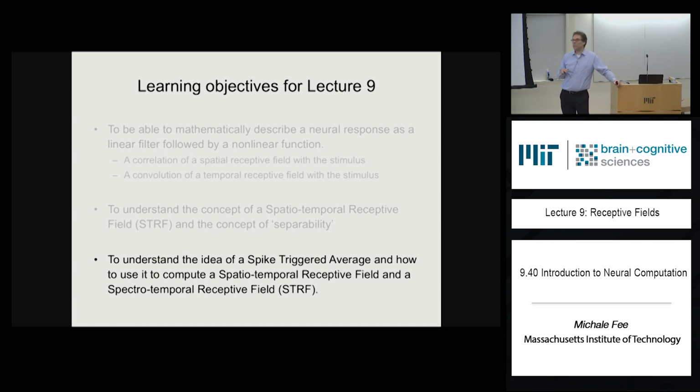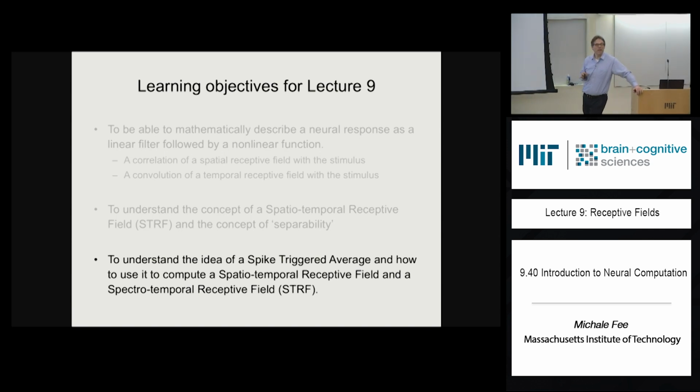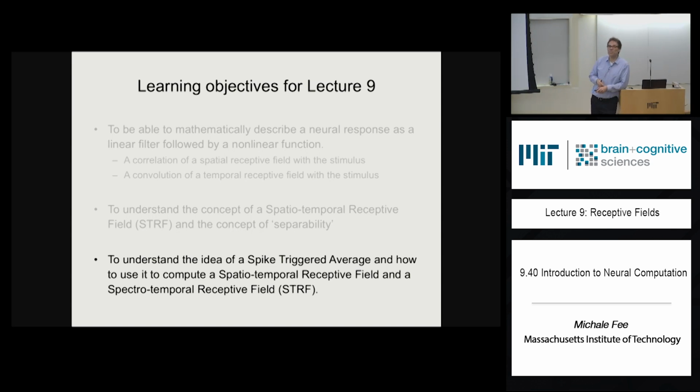So in very early parts of the visual and the auditory system, like in the retina and the LGN, and as far as, let's say, V1 in visual cortex, it's been possible to find receptive fields of neurons by basically just randomly flashing bars and dots of light and just hoping to get lucky and find what the response is. Turns out that it can be a very time-consuming process.